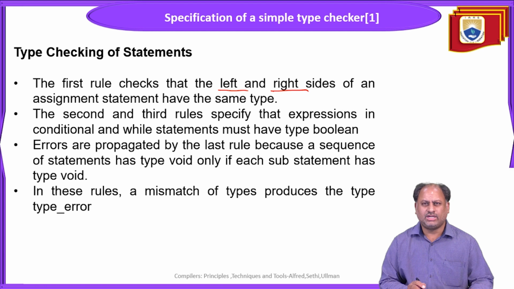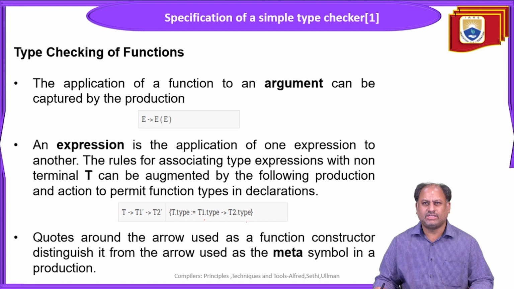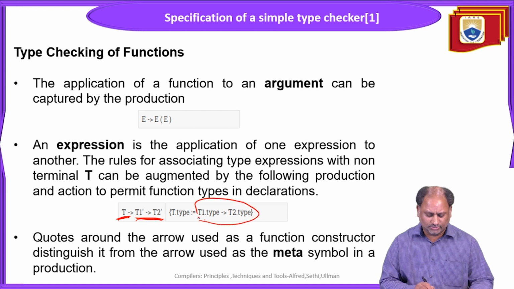If the right hand side of the assignment is the same as the left hand side of the assignment, that is for pointer types, that means here the left hand side is, for example, T and the right hand side is T1 derives T2. So what are the T1 type and T2 type, what is that type expression in this declaration?